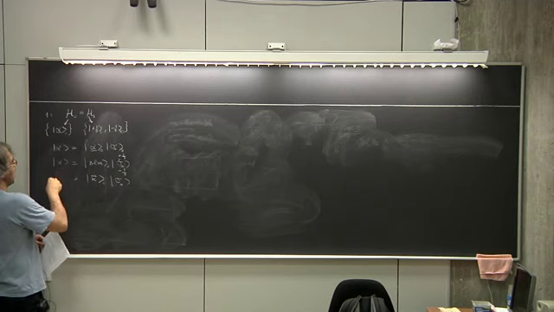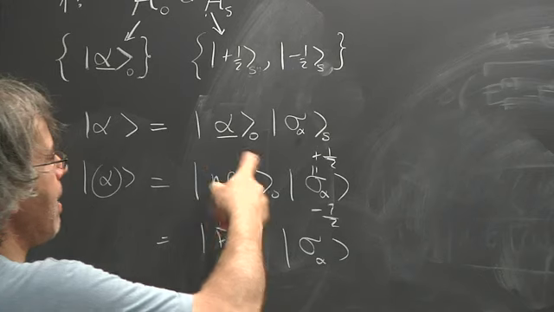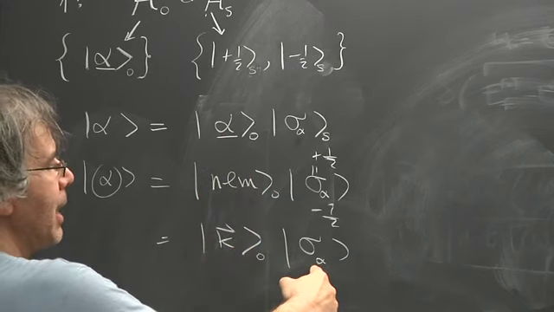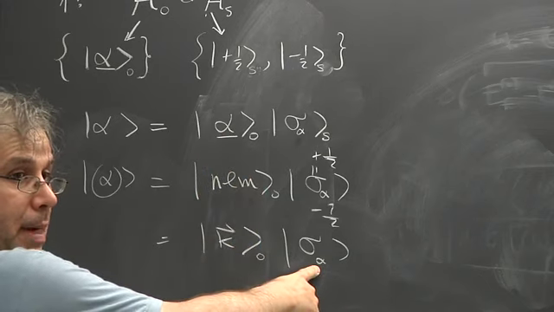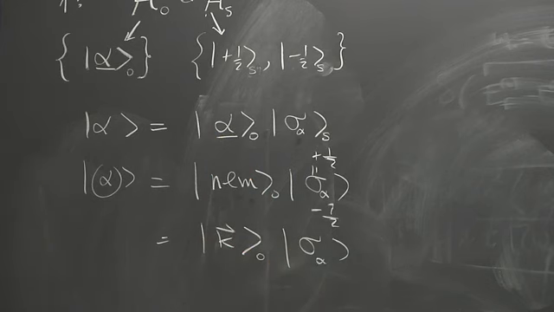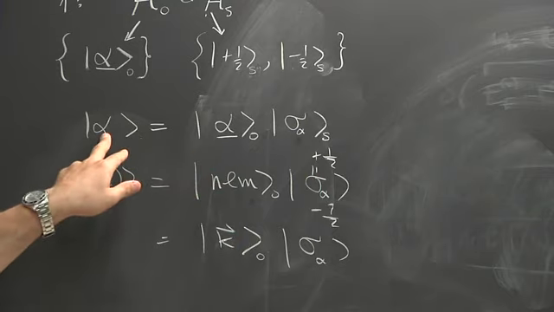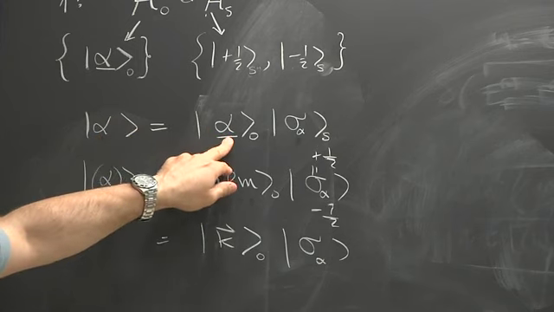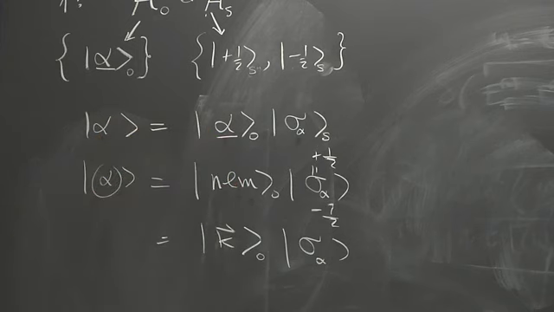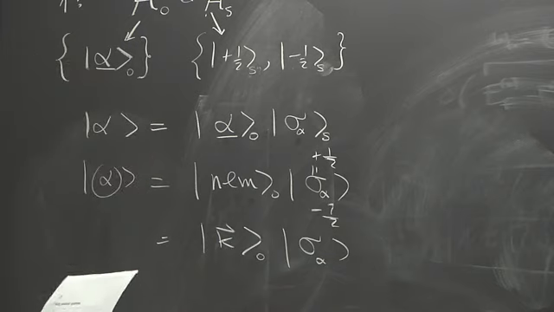So alpha in some sense is a collective label to mean some labels for the orbital part and the label for the spin part. Is this clear? Don't be confused by the fact that sometimes the same symbol or almost the same symbol appears here and there. It's simply a multi-part object.